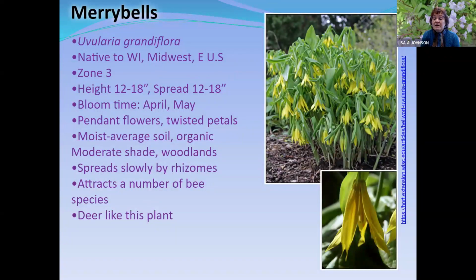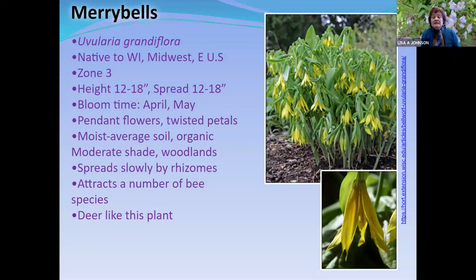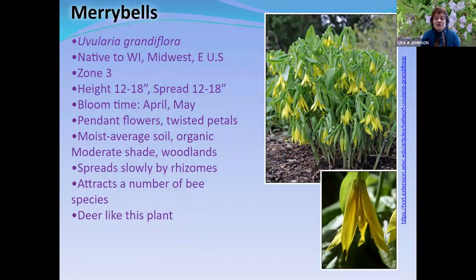Now, this one spreads very slowly by rhizomes. It's not going to make a colony like the bloodroot, but the clump will get a little bigger over time. One thing to keep in mind, though, is if you have heavy deer pressure, probably not a good plant for you, since deer do find this palatable.